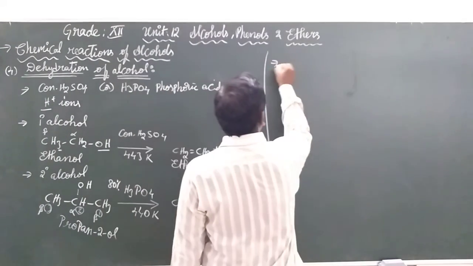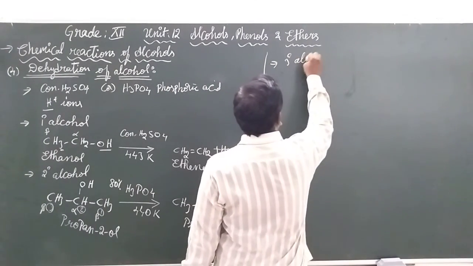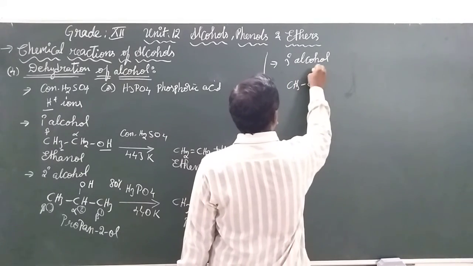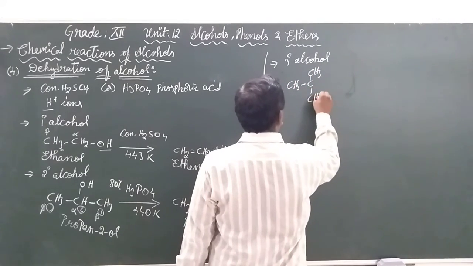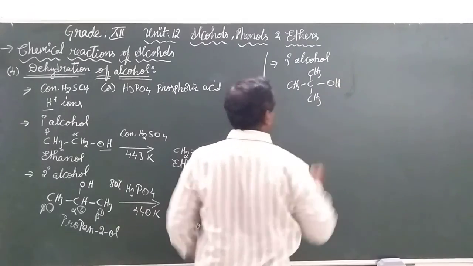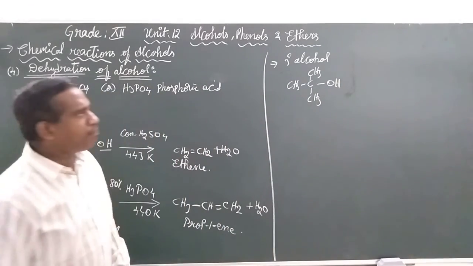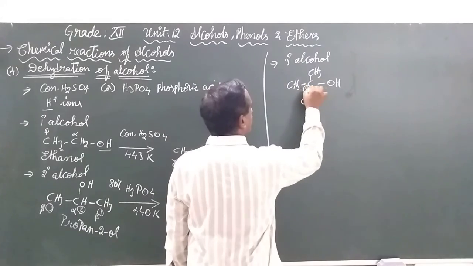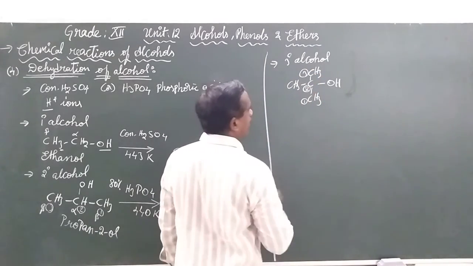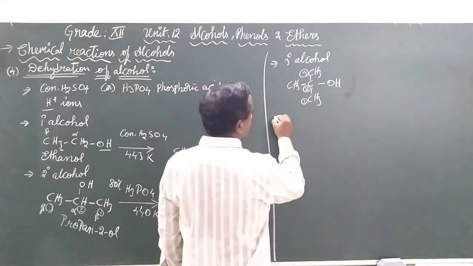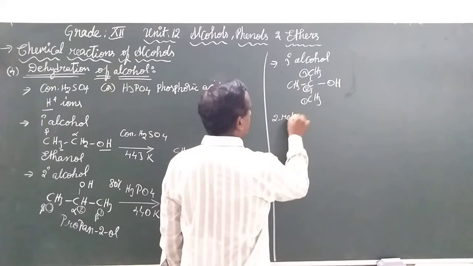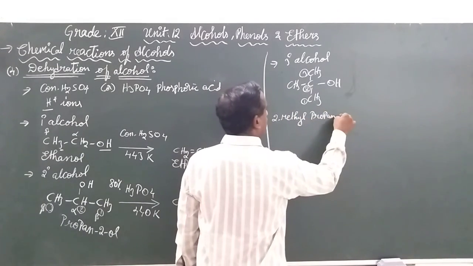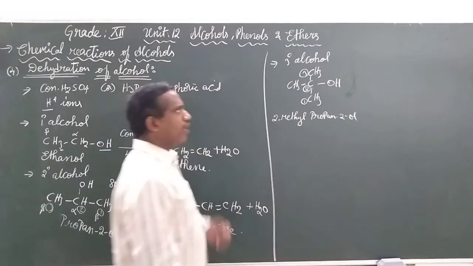But if you use a tertiary alcohol like CH3, CH3, CH3OH, can you give a name for this compound? Yes, the longest chain is 1, 2 and 3. So the name is 2-methylpropan-2-ol.